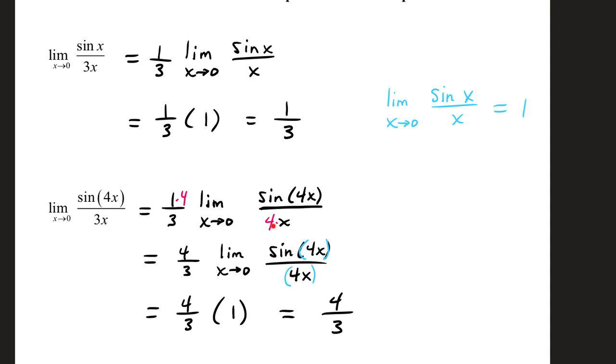I need the denominator and the angle to match, so I'm going to multiply 4 into the bottom, but to keep it balanced out, I'm going to multiply 4 into the numerator. And that gives me 1/4, 1 times 4 is 4, so that gives me 4/3. Now that I've created a match for my angle and denominator, this limit goes to 1, 4/3 times 1, that's 4/3.